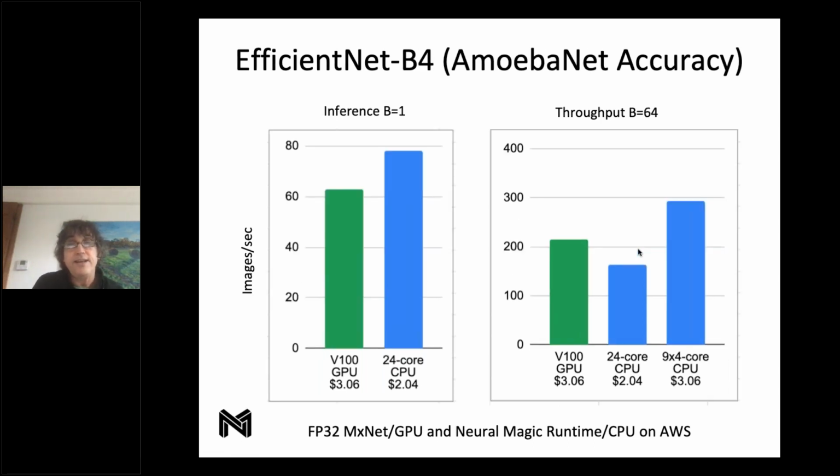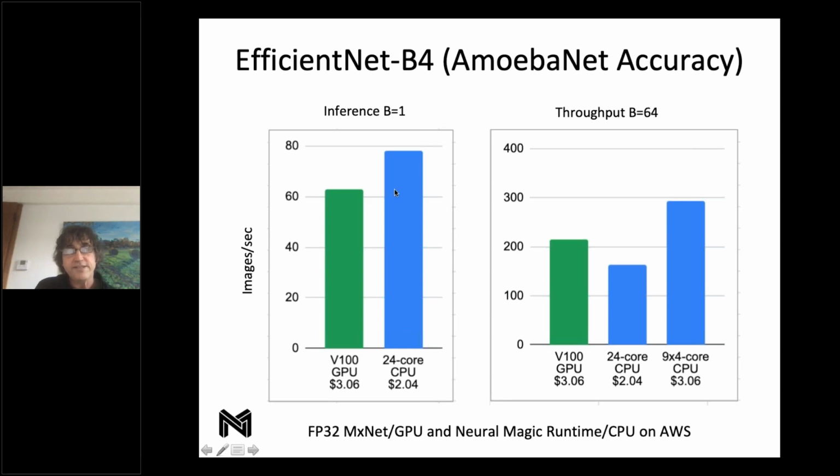And here's another example, EfficientNet B4. This is the same accuracy as AmoebaNet, the largest network that we had built before. And here's what we're getting: the same accuracy as AmoebaNet using EfficientNet B4.